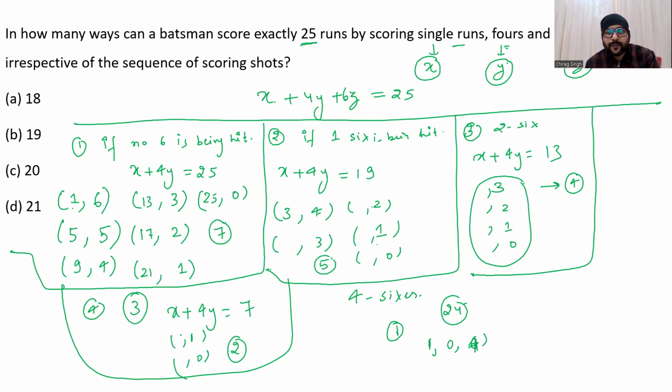Okay. So one case is this. So how many cases I have got in total? 7 plus 5, 12 plus 4, 16 plus 2, 18 plus 1, 19 cases. बोलो ठीक के गलत? आया समझ में? नहीं आया बच्चे समझ में?